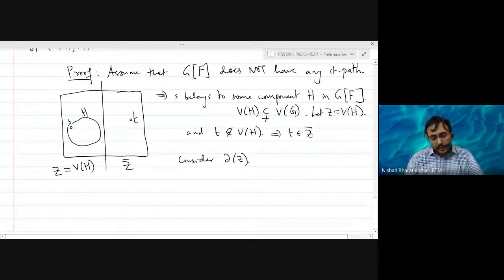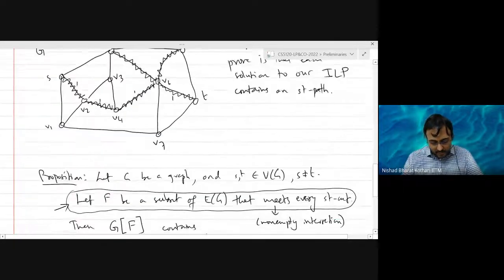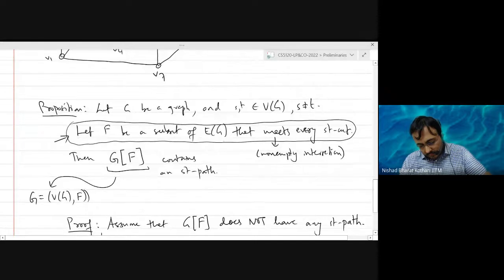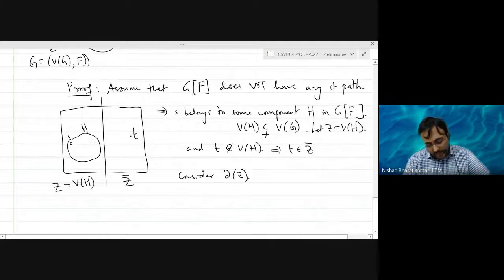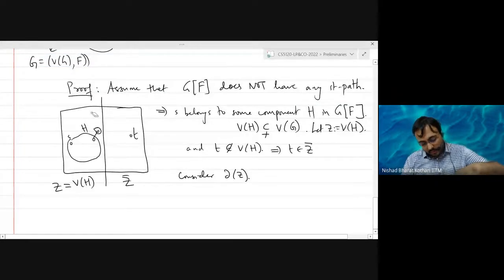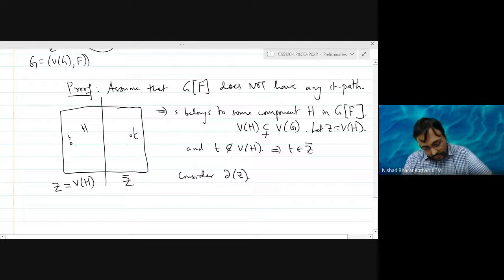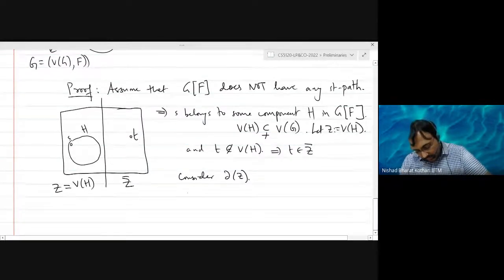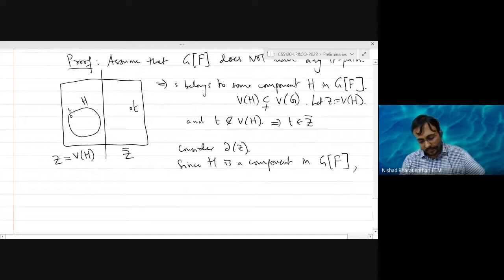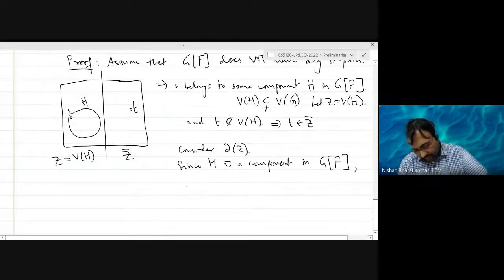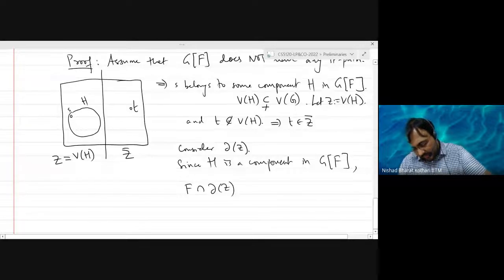Note that your set of edges F cannot contain any edge in this cut, because if any edge from your set was in this cut, then that vertex would also be part of the same component, right? Since H is a component in this graph, the intersection of F and partial Z is empty.